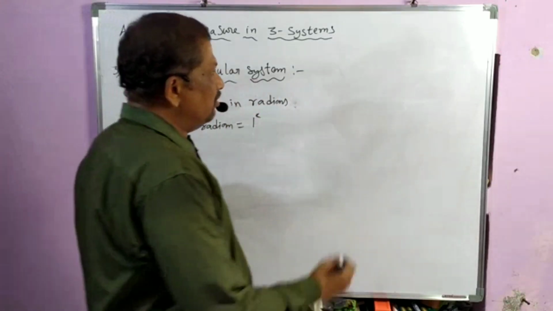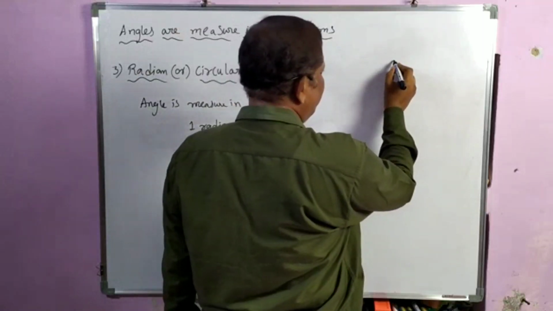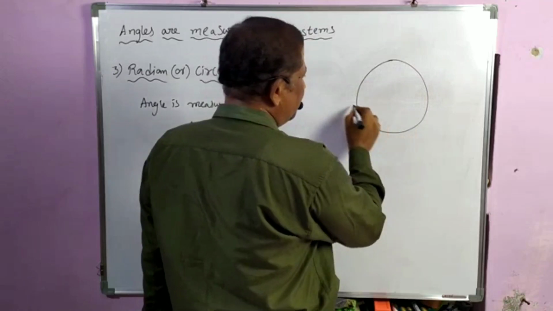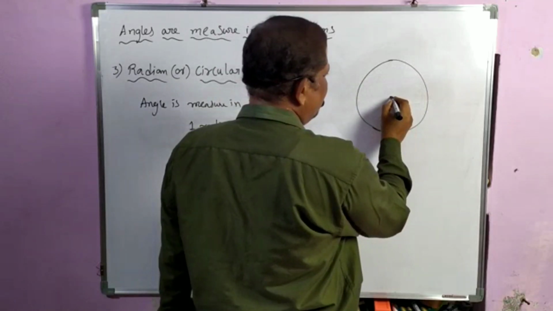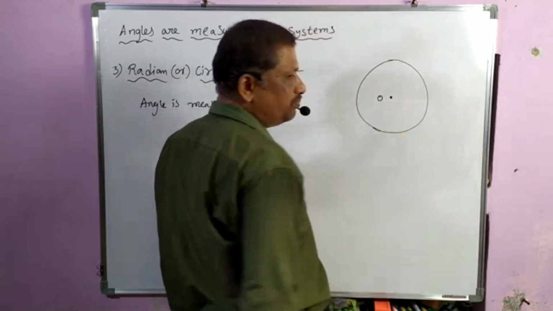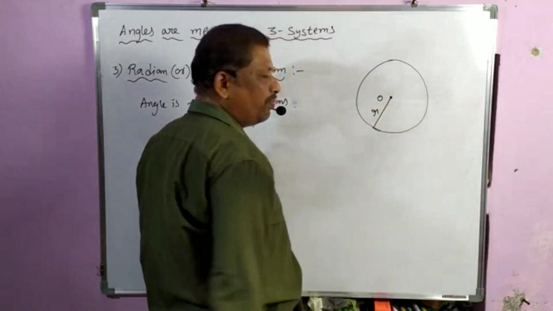Now the definition of this circular system. What is 1 radian? If we take a complete angle in a circle, O is the center of the circle and R is the radius.